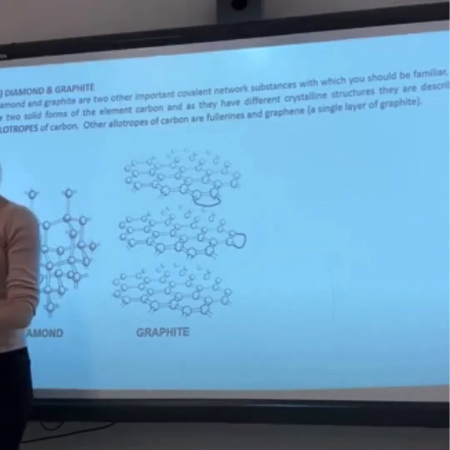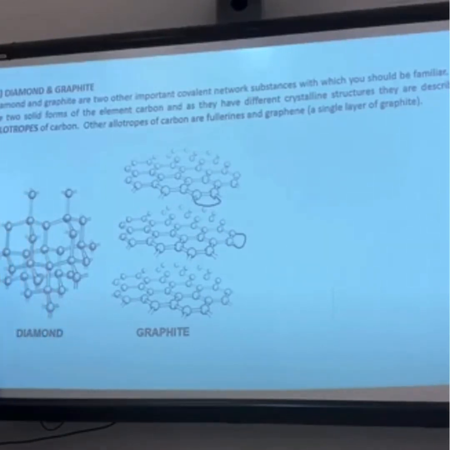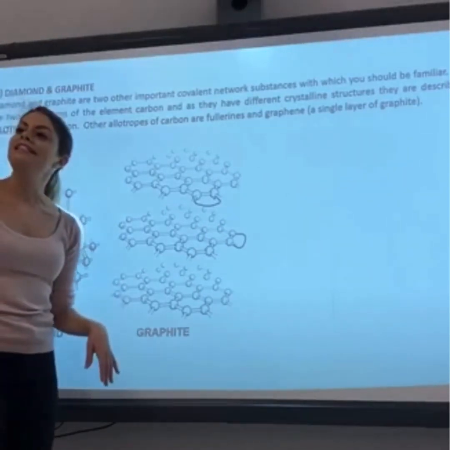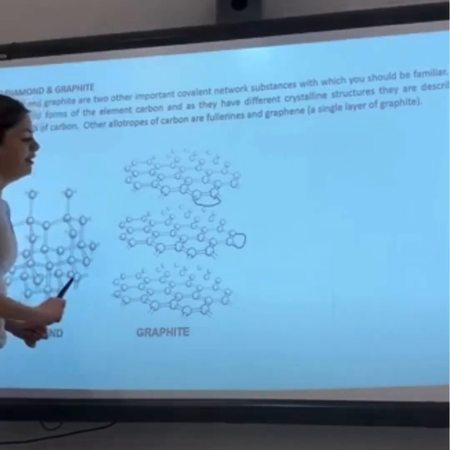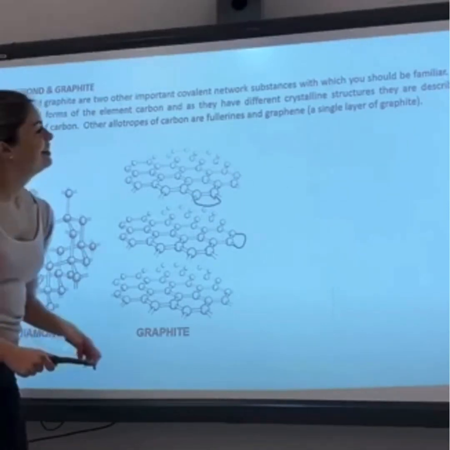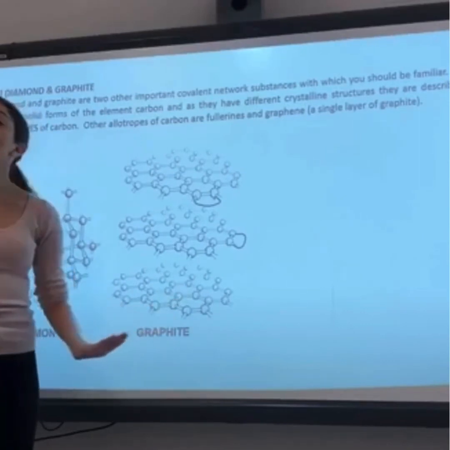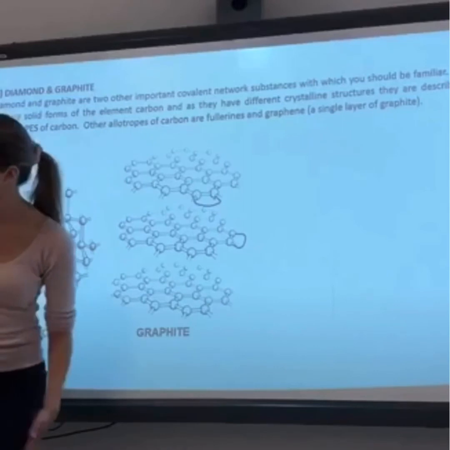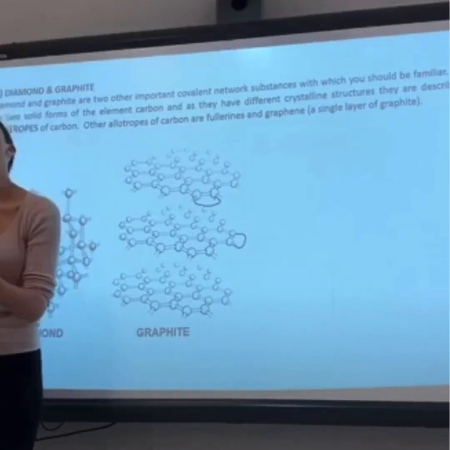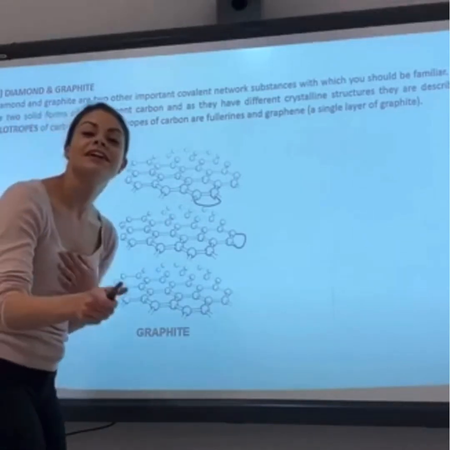Now, graphite is amazing. Is it stronger? No, it is not stronger. It is weaker. Graphite is weaker than diamond.